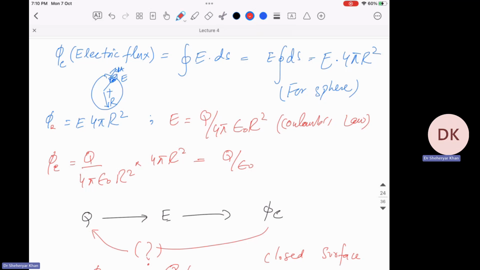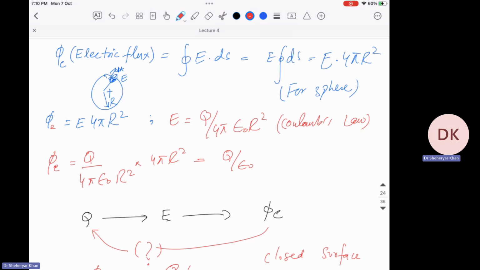Okay. Now, if you know the surface, right, then you don't need to do integration, right? For example, if it is a sphere, then electric field times the perpendicular patch, that is the area, gives you the flux, right? So we know that the area, the integral of dS, is actually equal to 4 pi r square for a sphere.